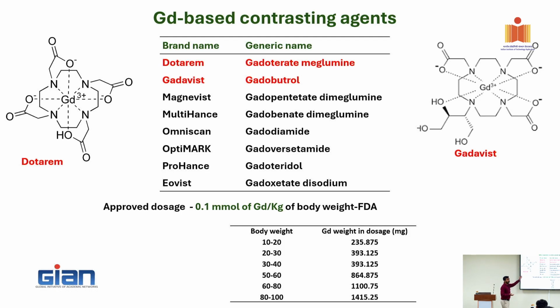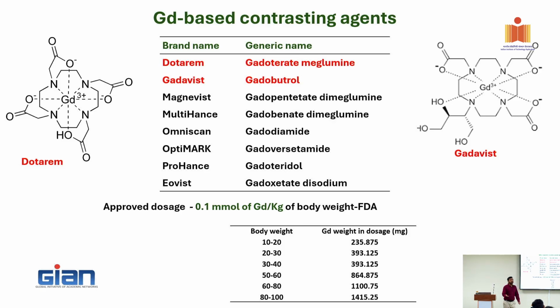All 8 MRI agents are based on only a single element, gadolinium. No other element is used as a contrasting agent across many countries. The approved dosage is 0.1 millimole of gadolinium per 1 kilogram of body weight.